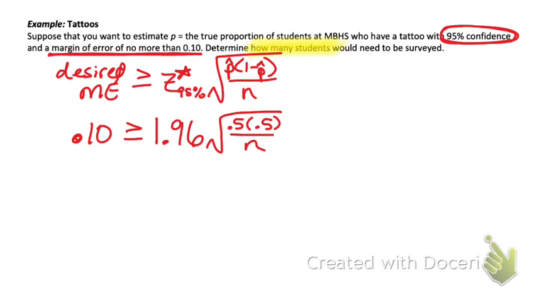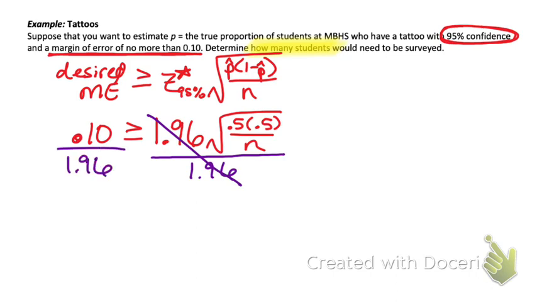So, who can tell me the first step to solve for this sample size? I need to divide both sides by 1.96. Now, I will explain at the end why, but when you're doing these kinds of problems, do not round until you get to the very end.